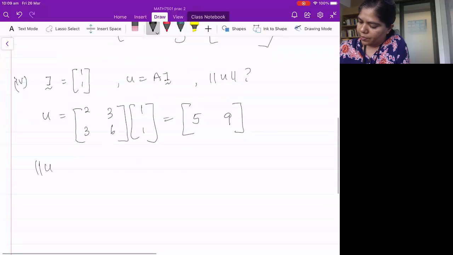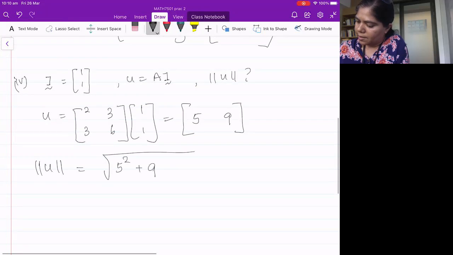So norm of U should be equal to the square root of 5 squared plus 9 squared, which gives you root 61.